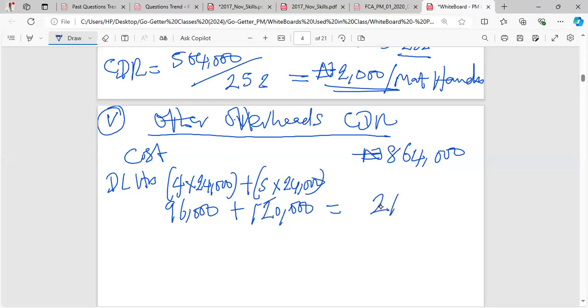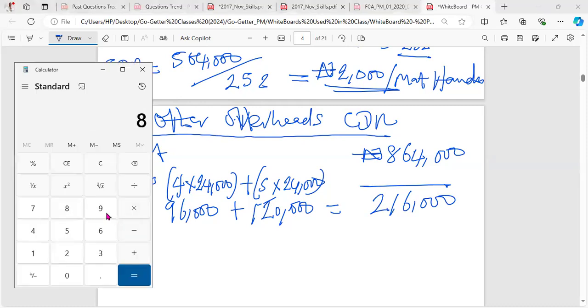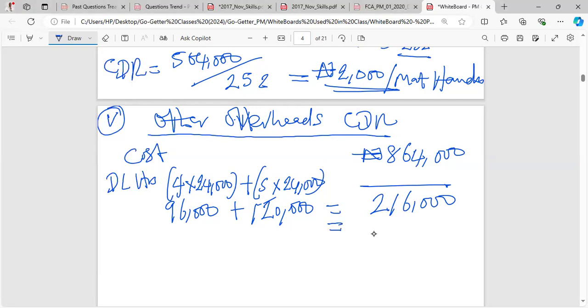So I have my 216,000 here, which I will divide into the 864,000. 864,000 divided by 216,000 gives me 4. So I will say this is 4 per direct labor hour. So this is my CDR.